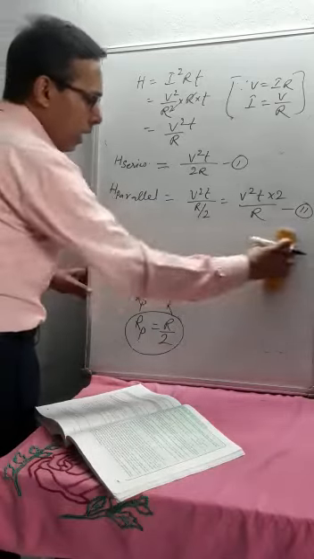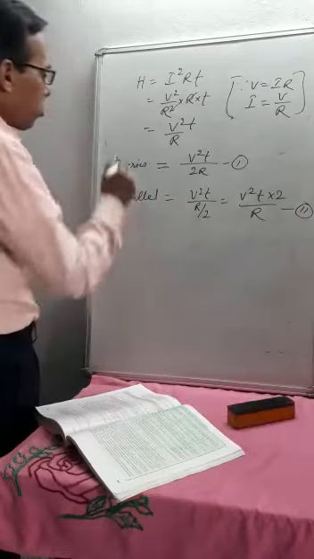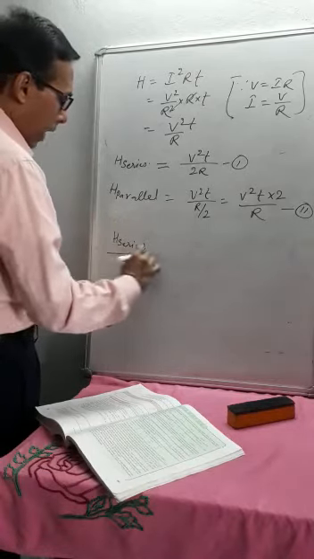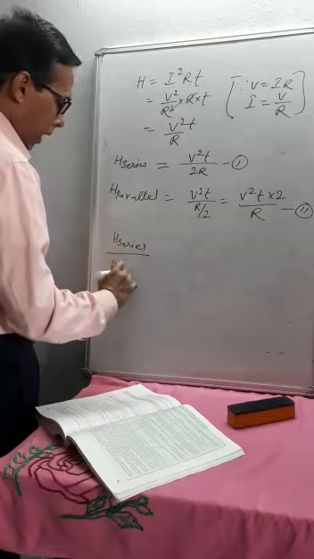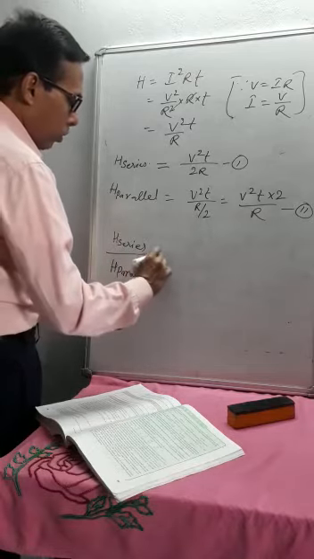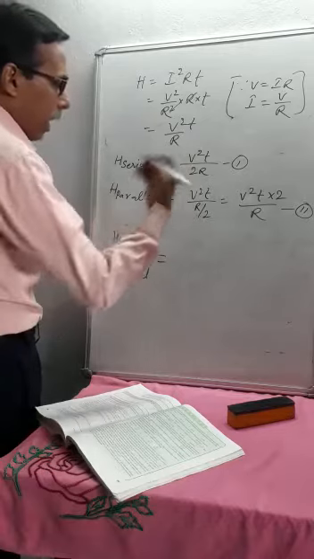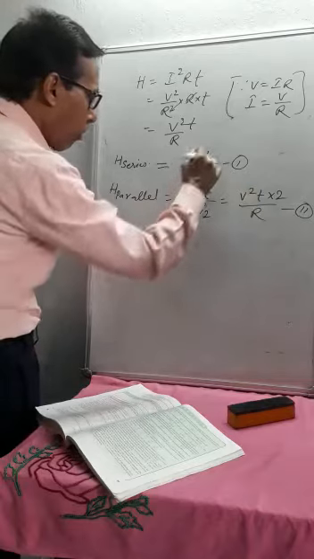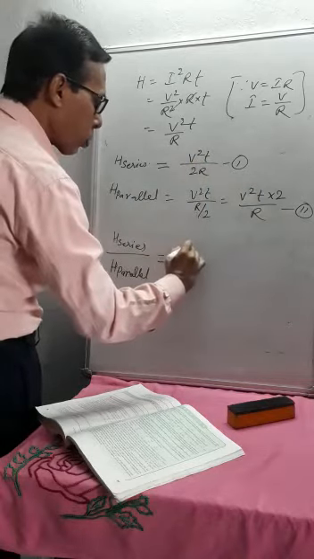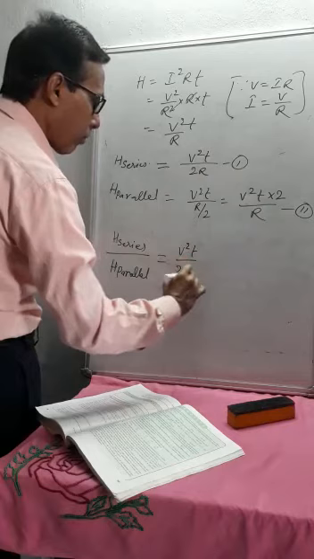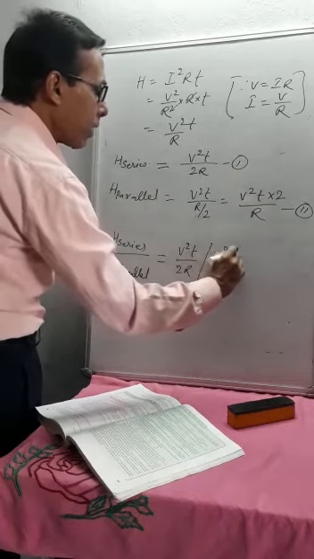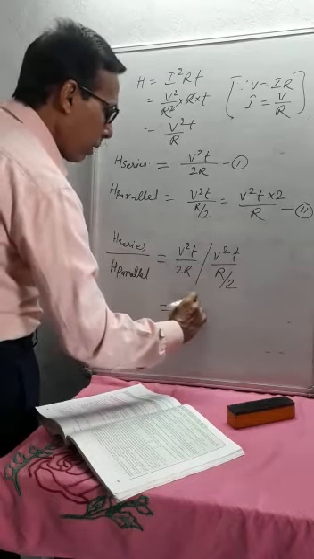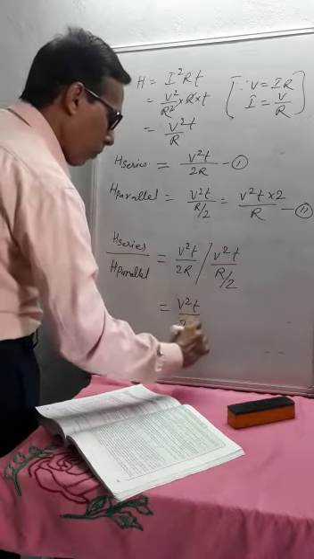Here we have to find the ratio of heat produced in series to heat produced in parallel. So we divide equation 1 by equation 2. Here the value of H series, that is V square T by 2R, divided by V square T by R divided by 2, which is equal to V square T by 2R.